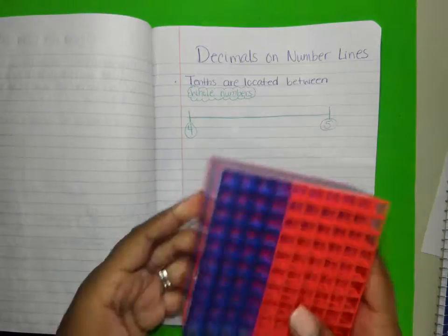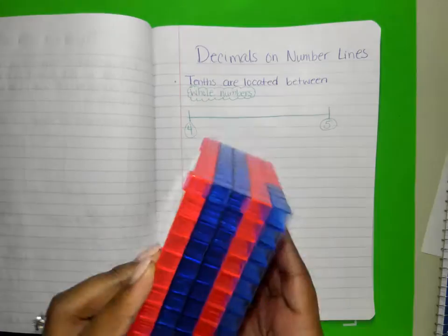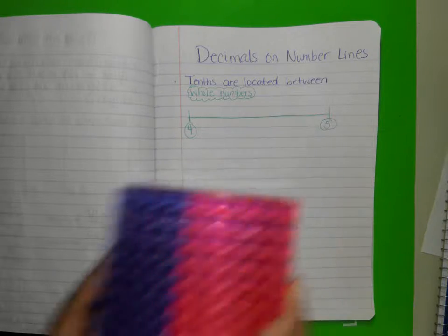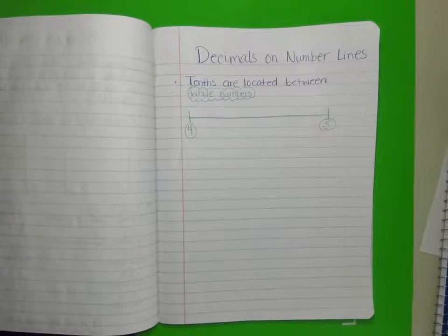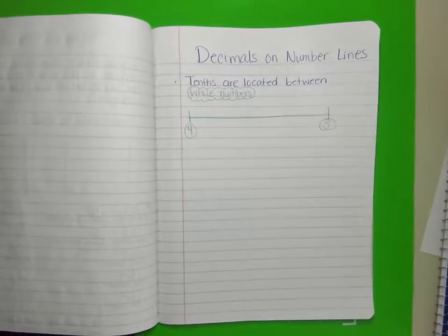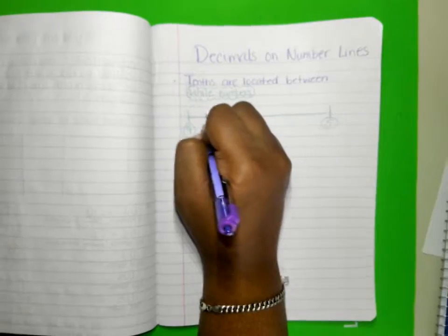Okay, and so we did that by breaking it into smaller parts, which are tenths, and it helped us to get to number 5. So now what we're going to do is transfer our learning from here onto a number line. So now I'm just going to fill in the number line with my tenths, just as I did with my model.